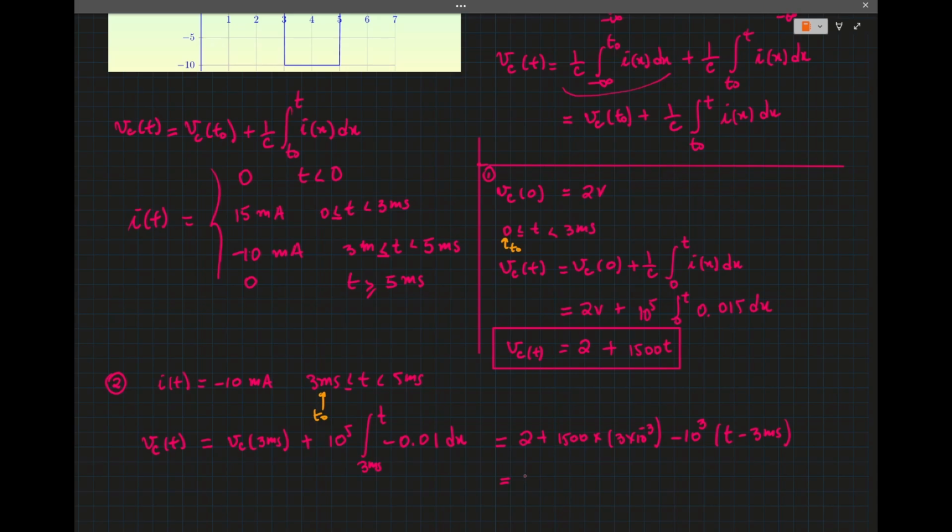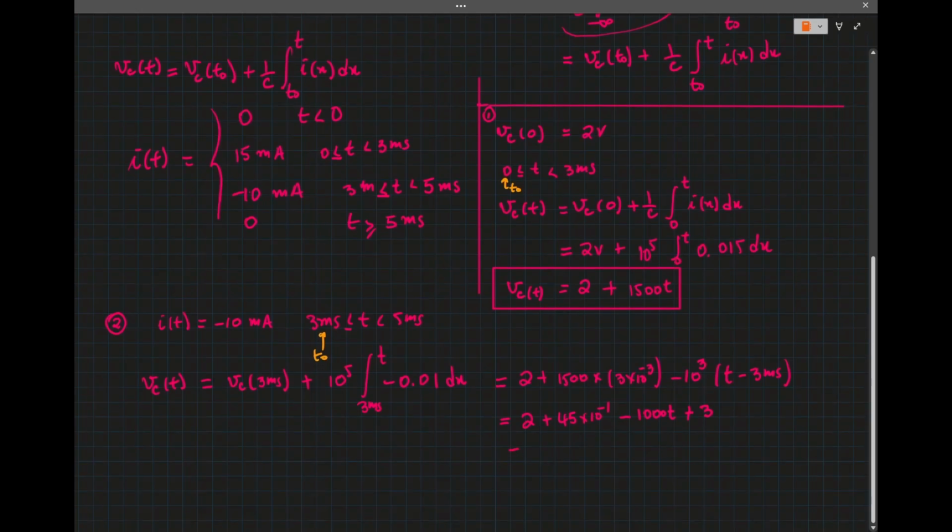Okay, so that will give me 2 plus 45 times 10 to the negative 1, which is 4.5. So minus 1000 t, and then minus 3, so that becomes plus 3.